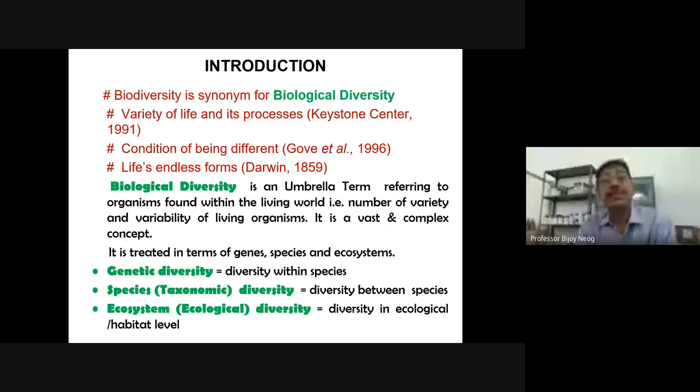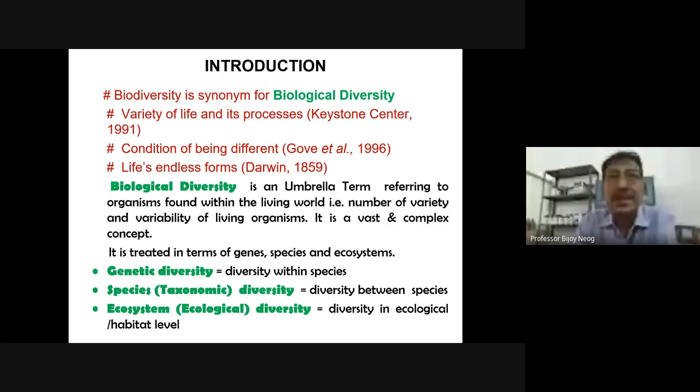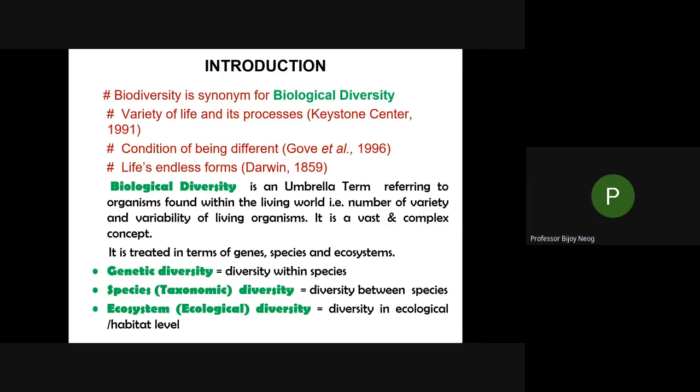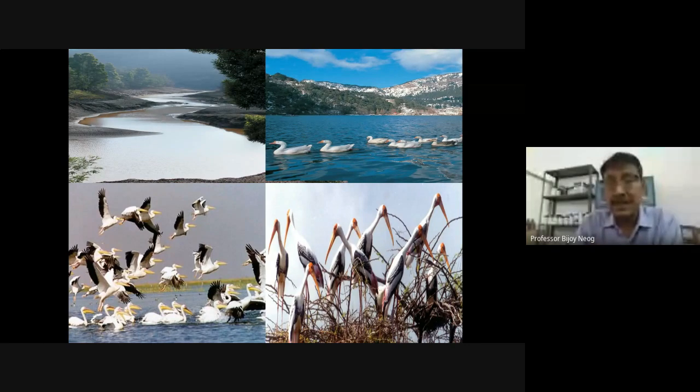Varied life forms need a particular environment. Habitat fragmentation as well as different anthropogenic activities has threatened these life forms, and most of them are on the verge of extinction.